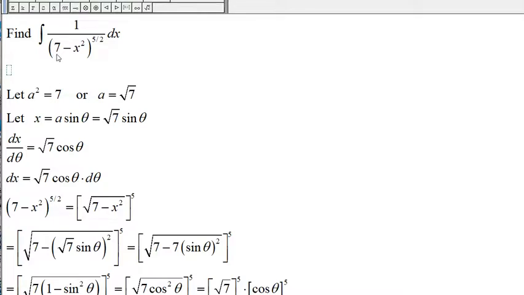So first, let a squared be 7. A will be the square root of 7. Use the substitution x equals a times sine of theta, or the square root of 7 times sine of theta.